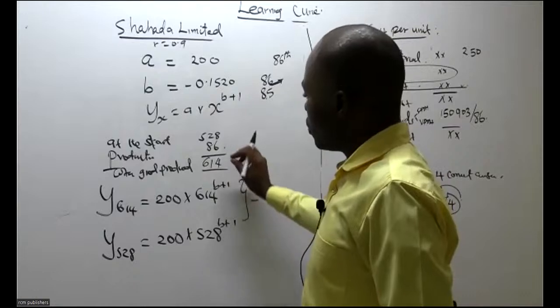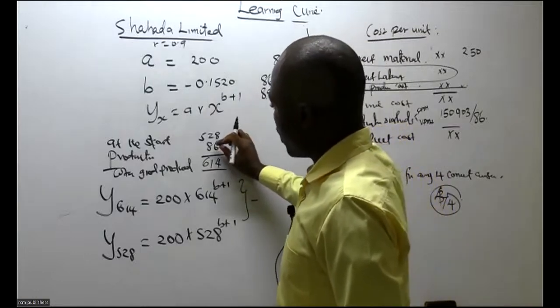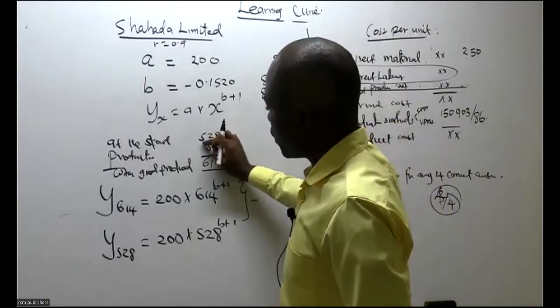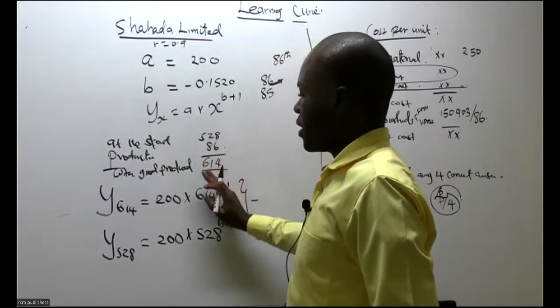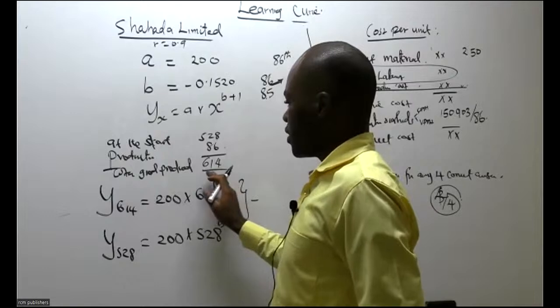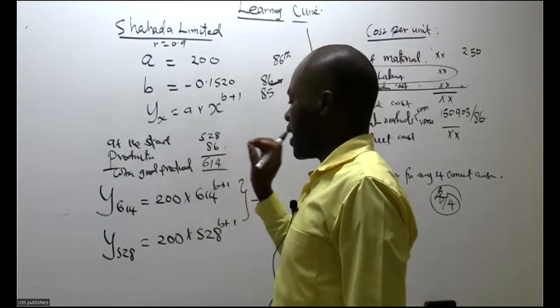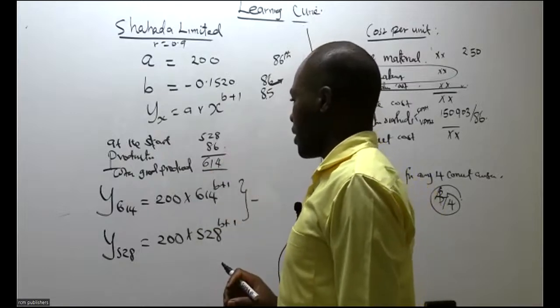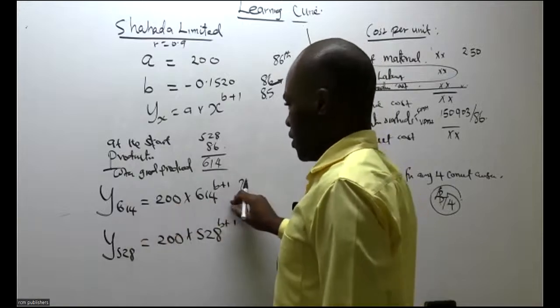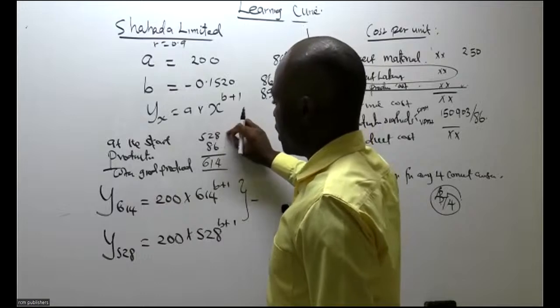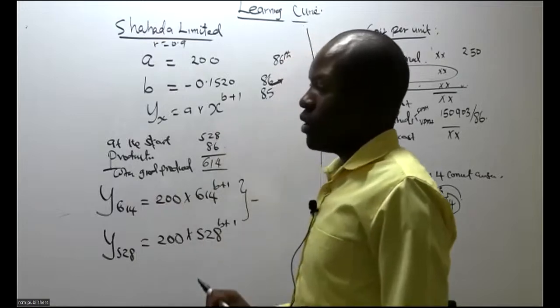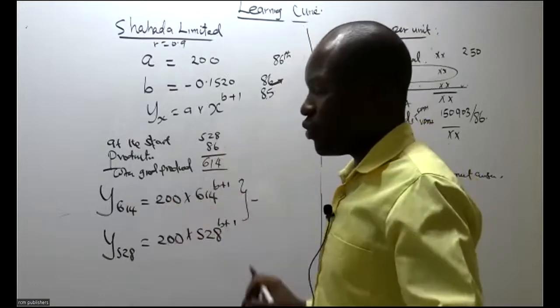Here, we want the total labor hours we are going to incur to produce the 86 units. I take the total of everything, 614, because they are still under the learning effect or learning curve. Then I less the time which was taken to produce the first 528. The difference will be for producing the 86 units.